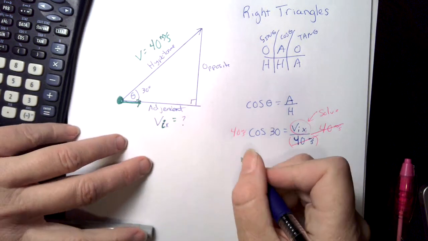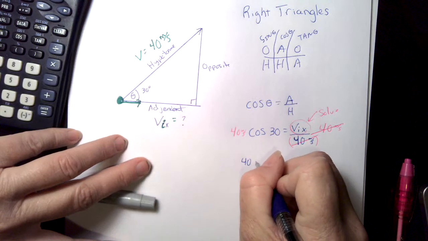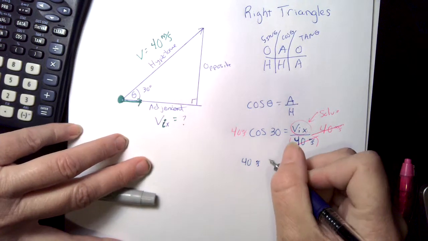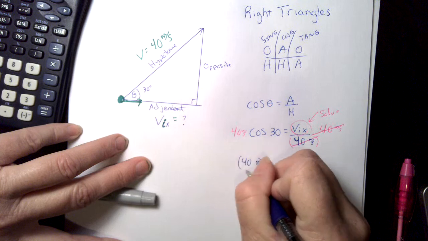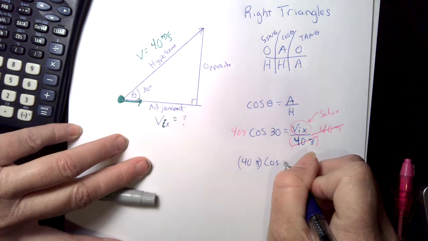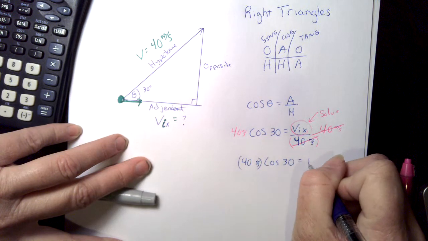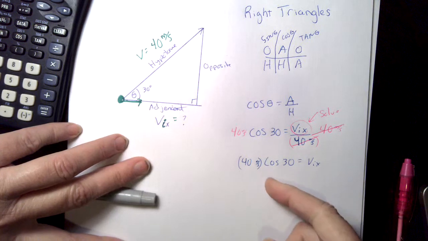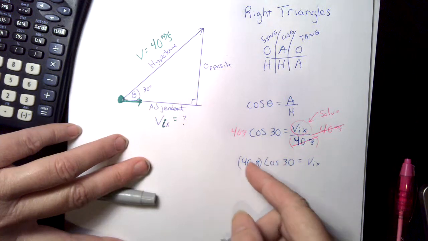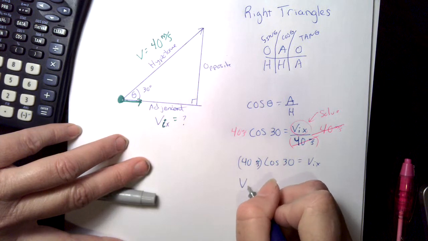I'm left with 40 meters per second times cosine 30 equals v initial x. I like to write it all neat, so I'm going to get rid of the units and put them at the end.